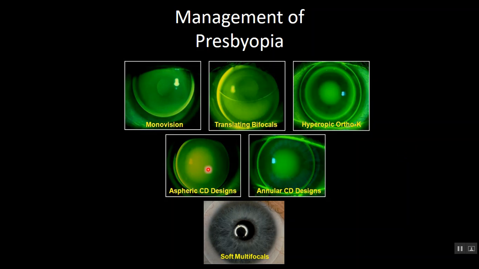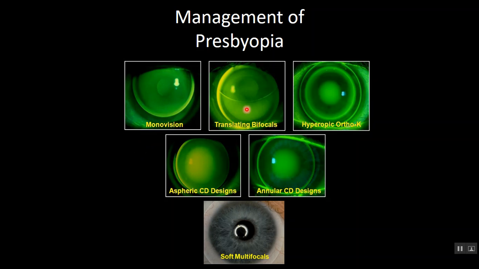We have monovision as an option, not a multifocal, but one of the lenses that we apply with great frequency in the presbyope. Monovision, of course, provides one lens for distance vision, and in the opposite eye, one lens for magnification at near.